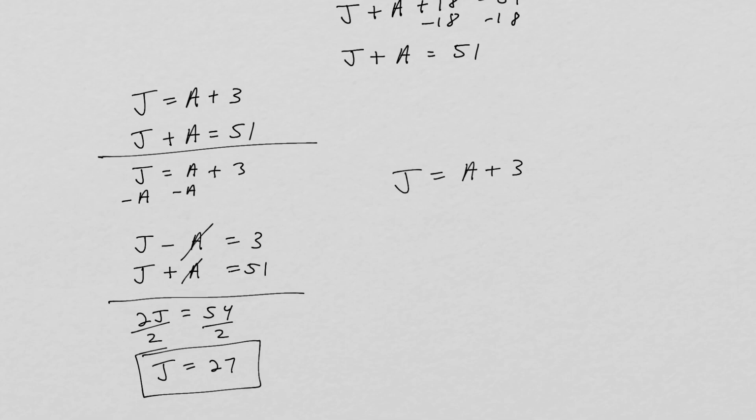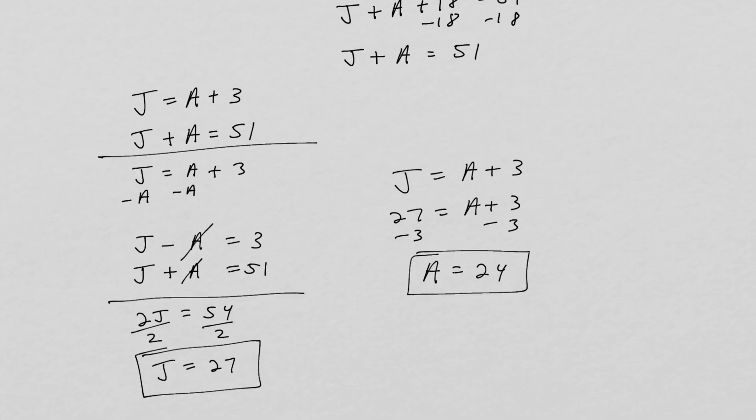So I have 27 is A plus 3. I'll subtract 3. It looks like Amanda is 24. Okay, so basically we know that John is 27, and Amanda is 24. Right? Years old now.